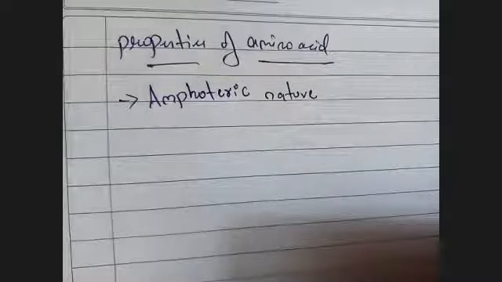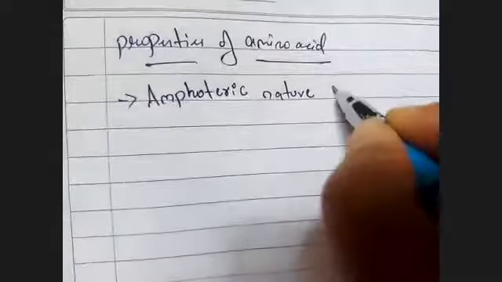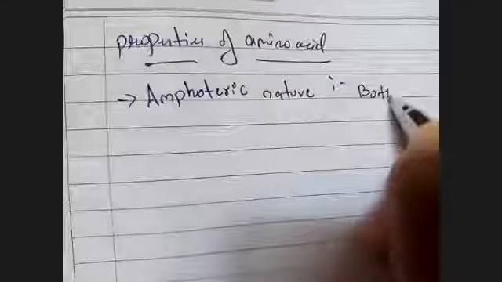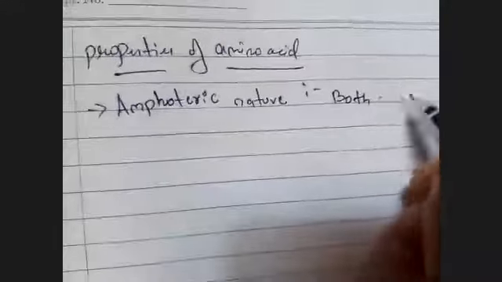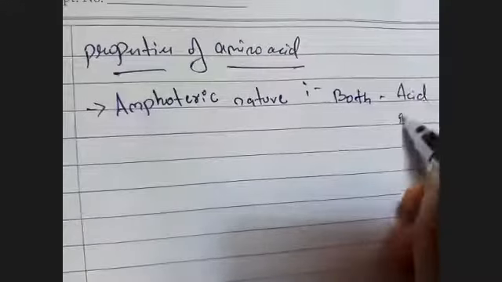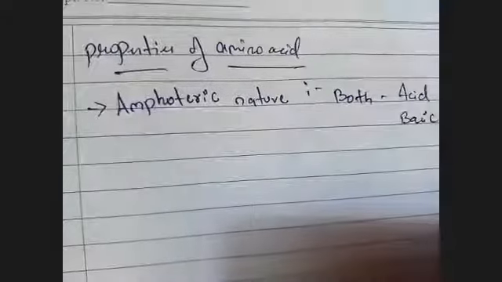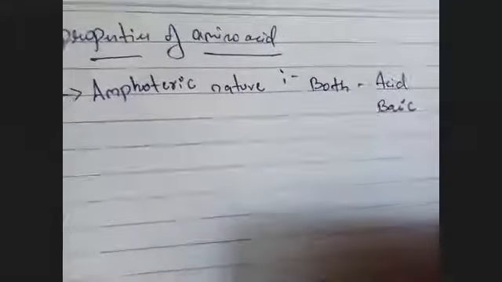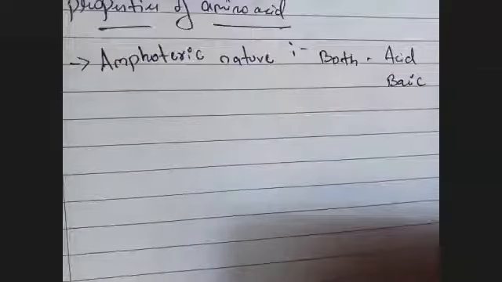So why are we saying this? Because it has both acidic and basic groups. That's why we call it amphoteric in nature.